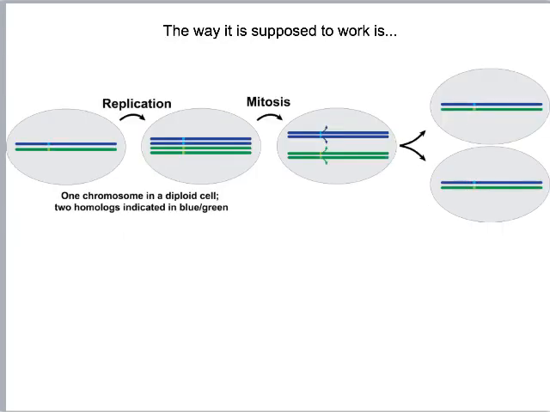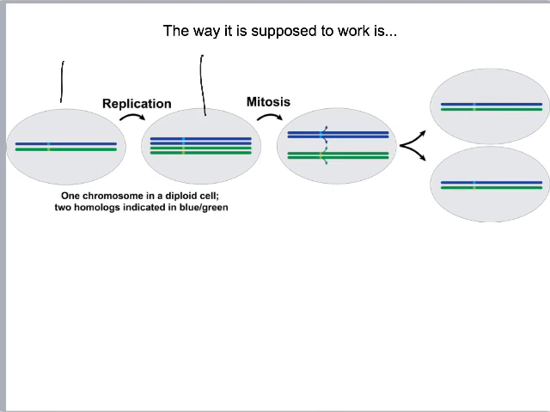Okay, the way things are supposed to go is I'm a diploid cell over here, and I've got a copy of each chromosome from my mother and a copy from my father. I've made them blue and green here, and I'm looking at just one chromosome. But of course, the human cell has 23 pairs. When I go through S phase, I replicate these, and now I've got 4 copies of each chromosome.